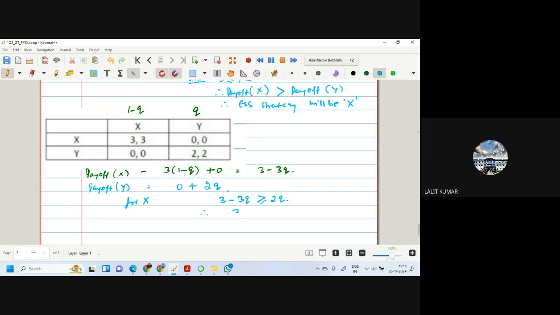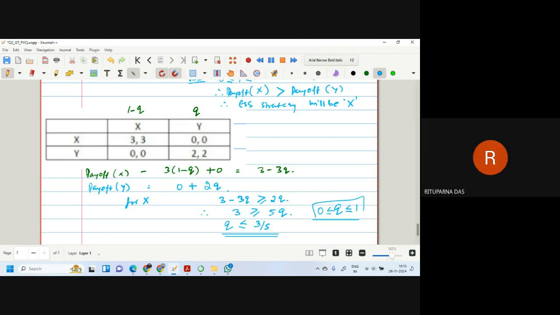So 3 is greater than or equal to 5q, and q is less than or equal to 3 by 5. Our q is in this range.